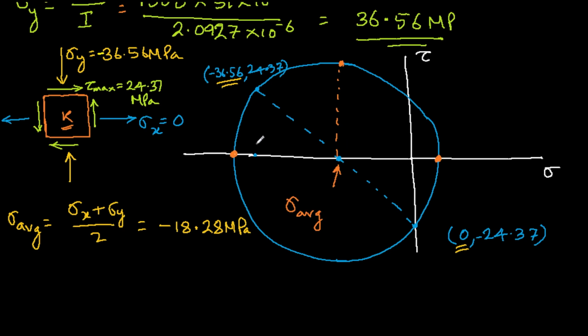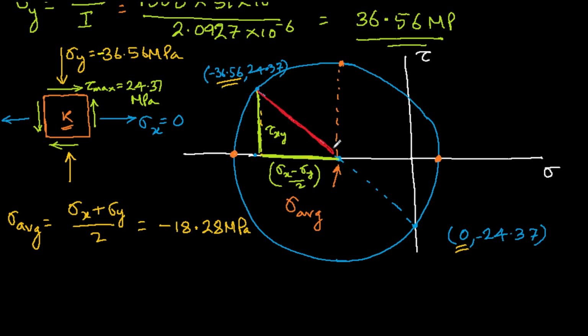But then we can also calculate now the radius. To calculate the radius, suppose you drop it here, so this distance is sigma x minus sigma y by 2, and this is your tau xy. And we are trying to evaluate this R, the radius.